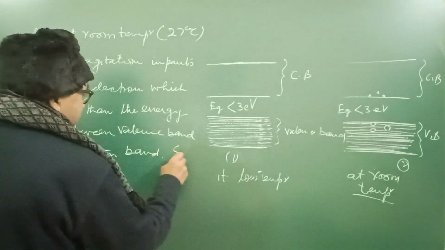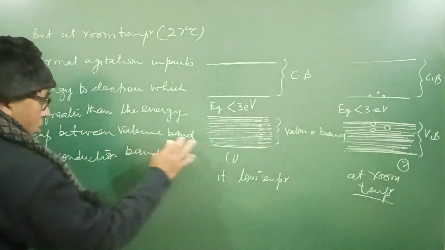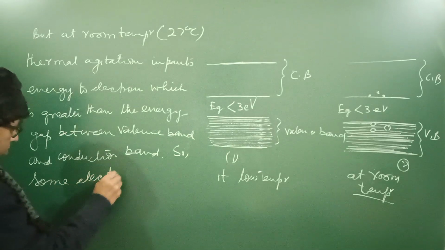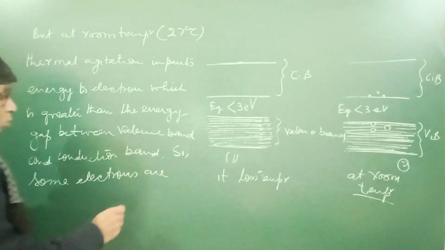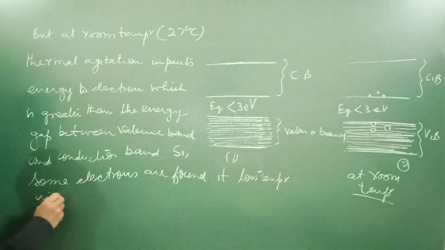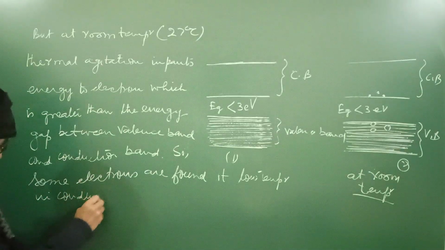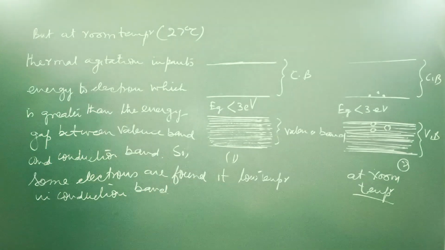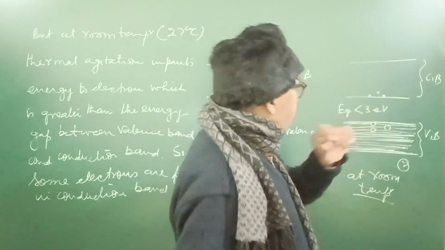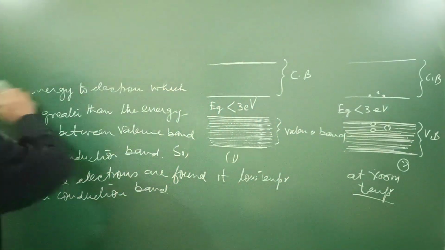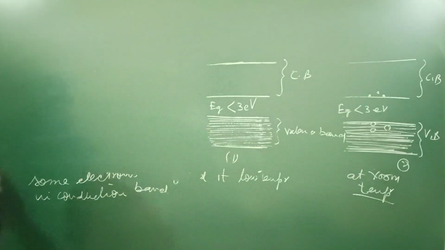So some electrons are found in the conduction band. As an electron jumps from the valence band to the conduction band at room temperature, a vacancy is left in the valence band.